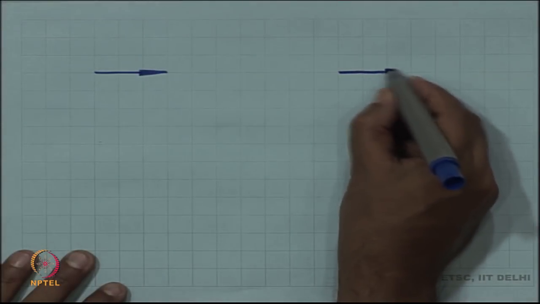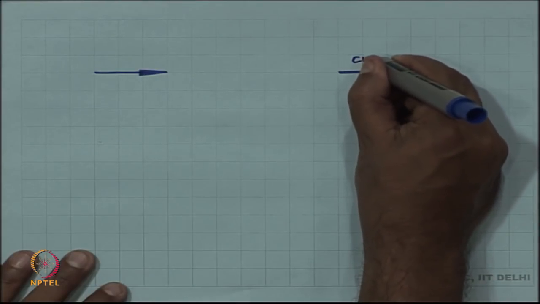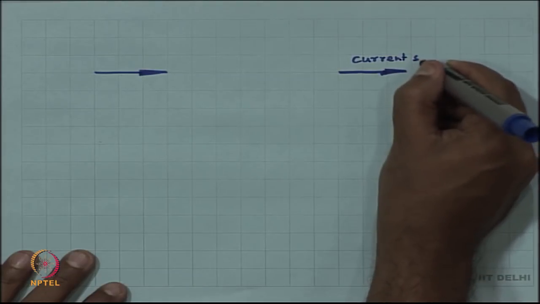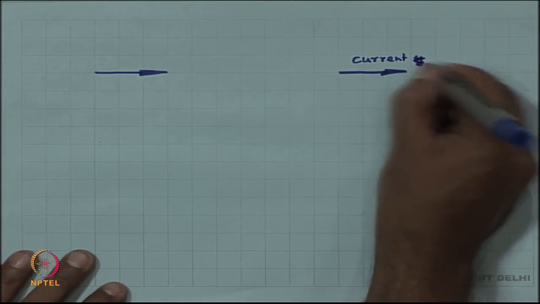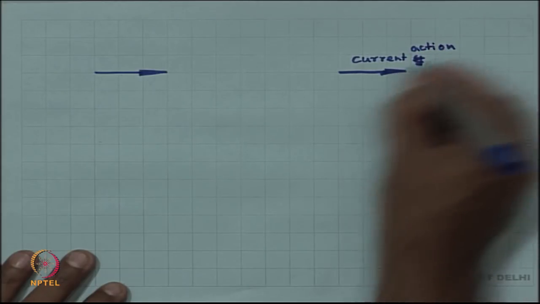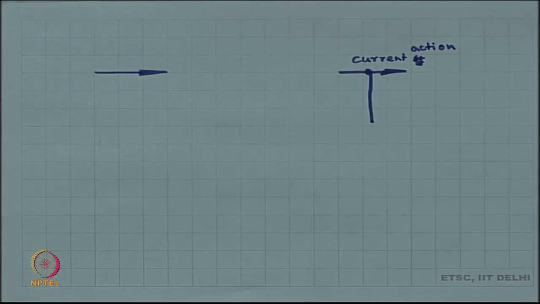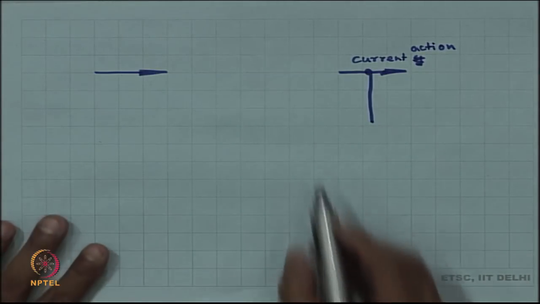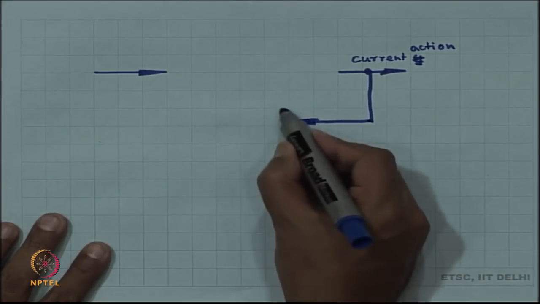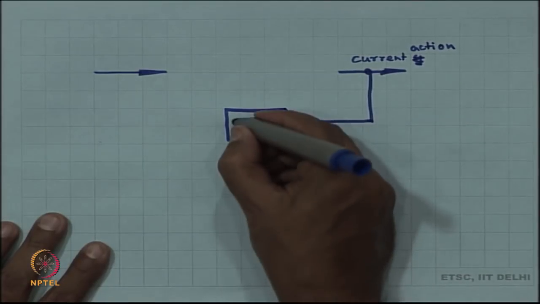I am going to call this arrow the speed. This is the current speed, or actually this is the current action, and the speedometer is going to measure your current action and declare a value for the speed. So, this box over here is the speedometer.